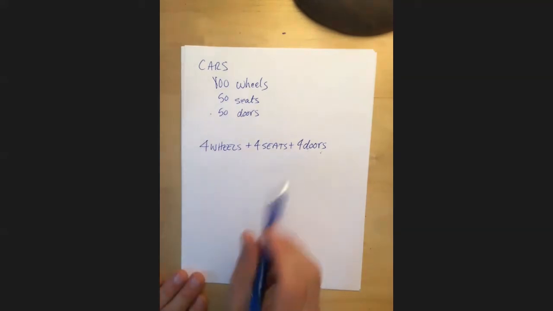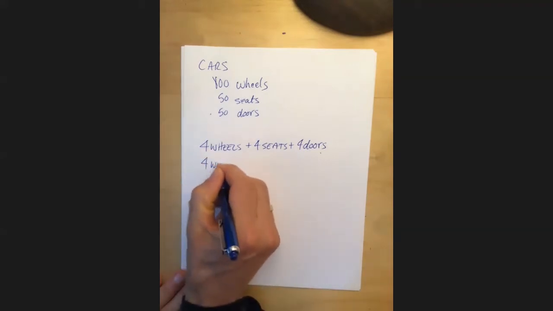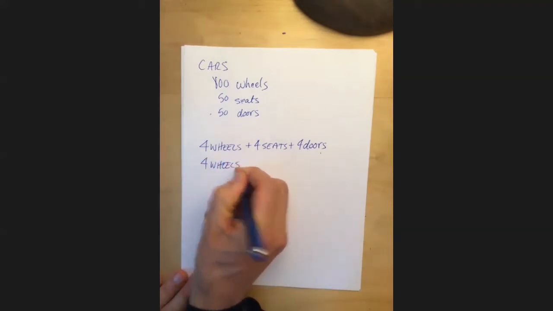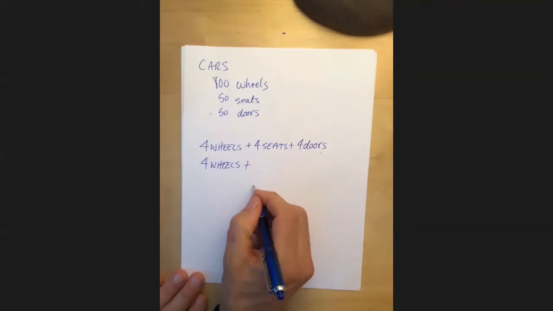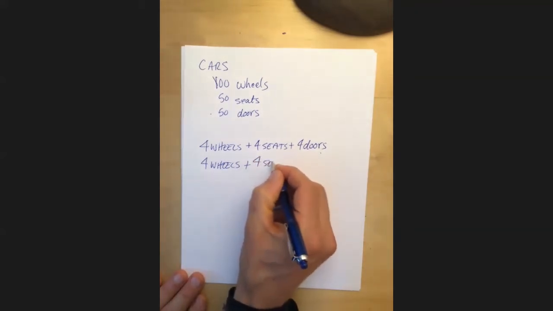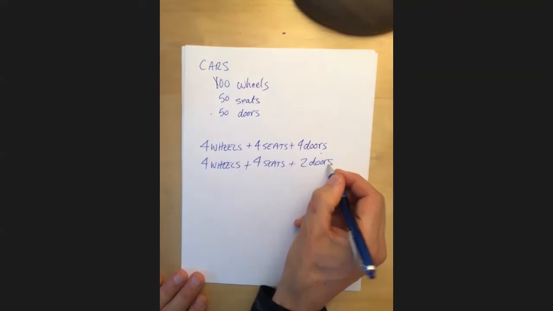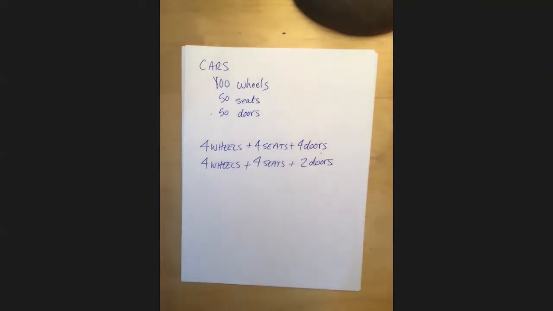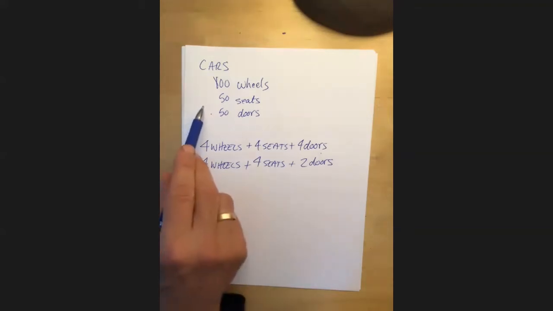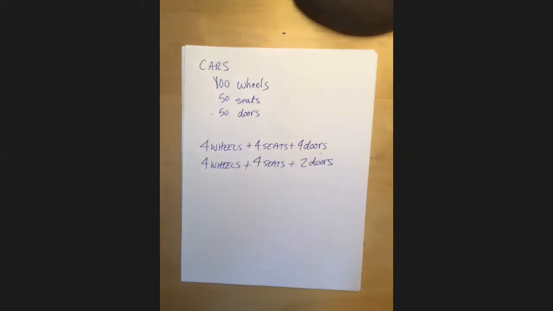Maybe it's only a 2-door car. So maybe it still has 4 wheels, and it's still got 4 seats, but it only has 2 doors. And that might mean that I can make a different number of cars, right? So there are classic limiting factor problems that people have encountered in mathematics and perhaps in other science classes.